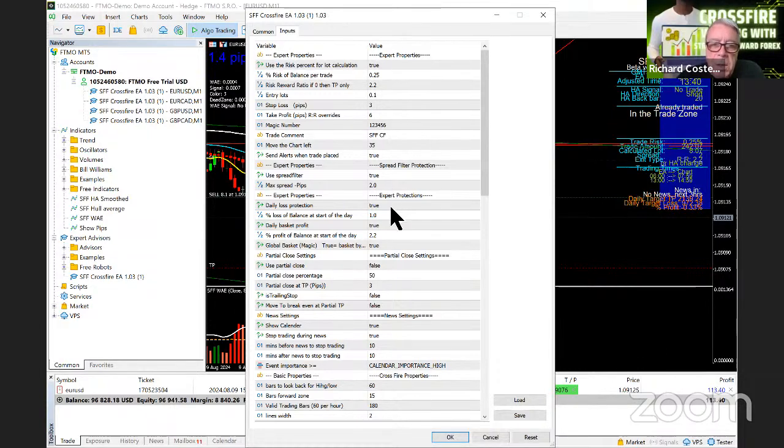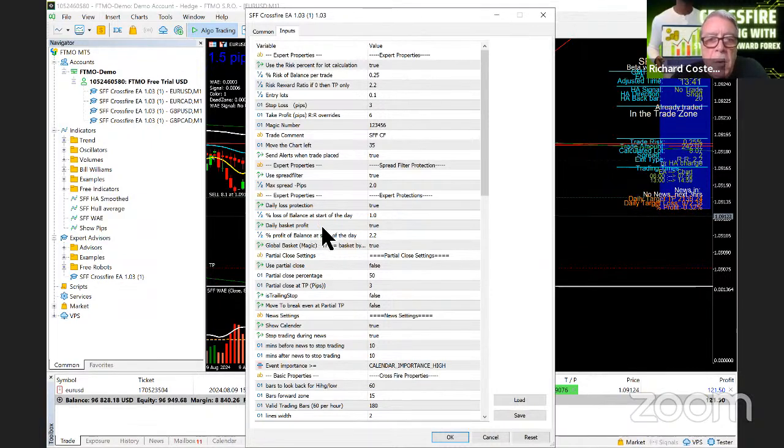The expert protection, I've never changed that. It's this partial close settings I've never touched, so I've got it on false and it doesn't apply. The expert protections, the daily basket, so that's the 4 pairs I'm trading at the minute.